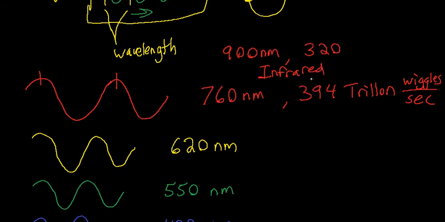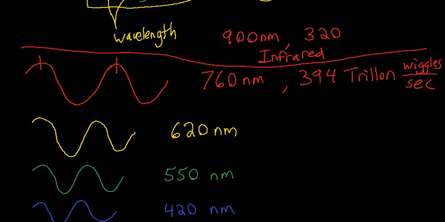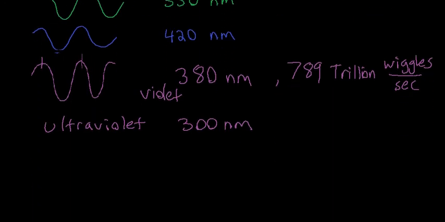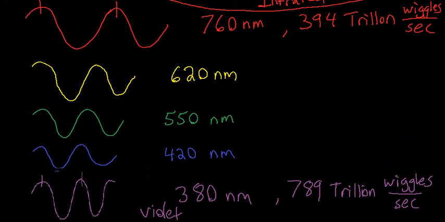Infrared, below red. This is also wiggling too slow, so we can't see that. We cannot see anything below red, and we cannot see anything above violet. So this is the spectrum of visible light.